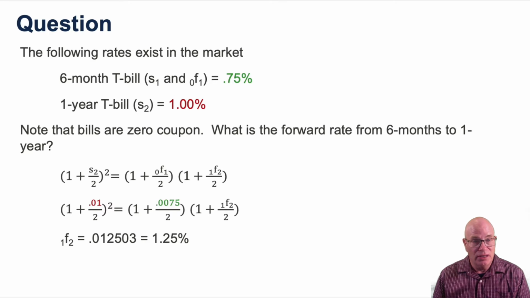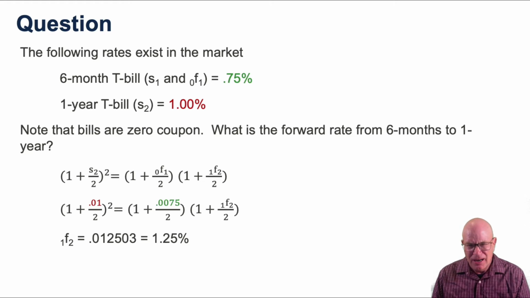You see the relationship given there. The spot rate for period 2 equals the 2 forward rates in that equation. Again, this equation comes from our equilibrium condition. Plug in our 1% and our 0.75%, and we can find our forward rate from 1 to 2. In this case, it's 1.25%.